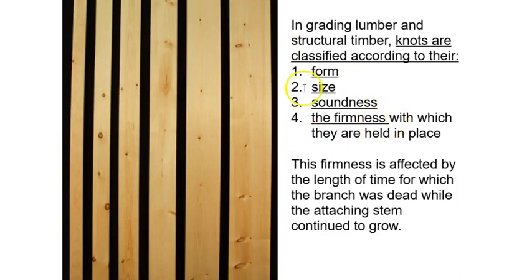So this is what people who are grading look for. Four different ways to describe knots. The firmness is affected by the length of time for which the branch was dead while the attached stem continued to grow. So again, natural product.